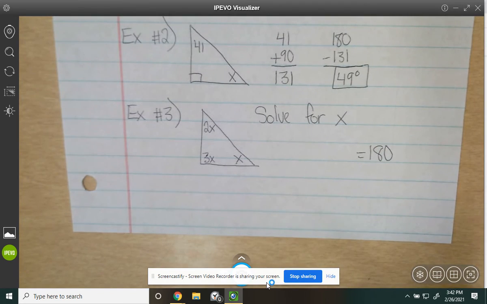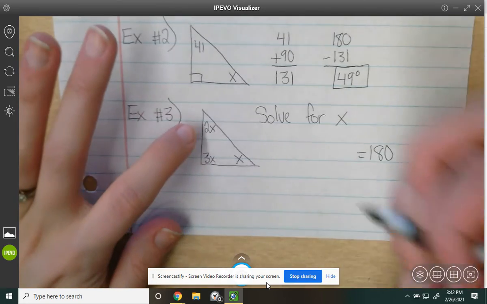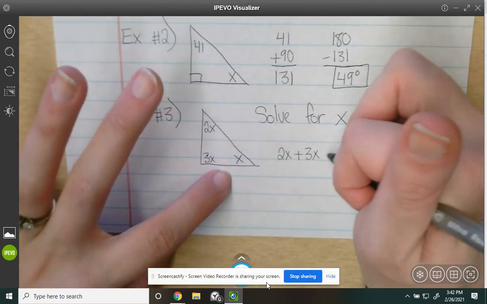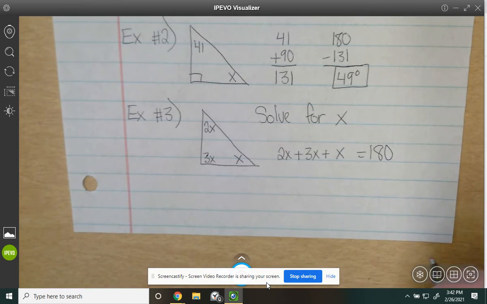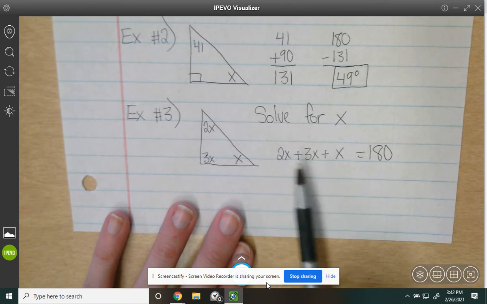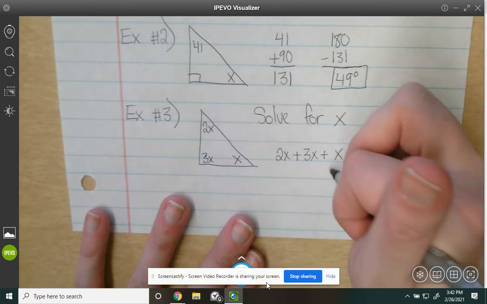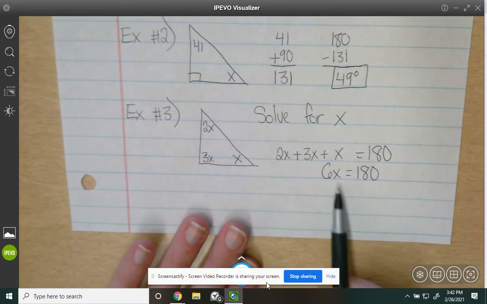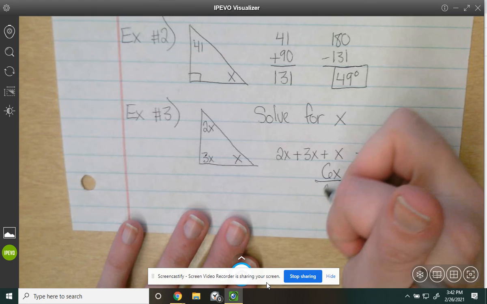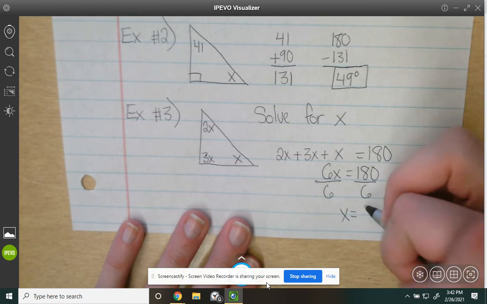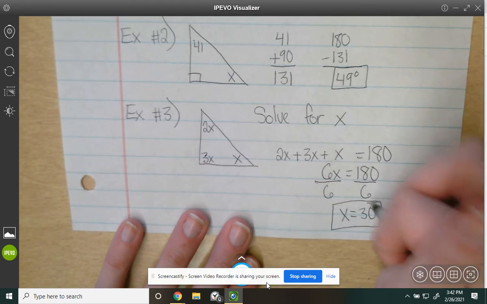So I'm always going to set it equal to 180, and then I add my three angles together. I have 2x plus 3x plus x equals 180. I can combine all of these because they're like terms. So 2 plus 3 plus 1 gives me 6x. And then to solve for x here, I would just divide by 6. So x equals 30. And that's it.